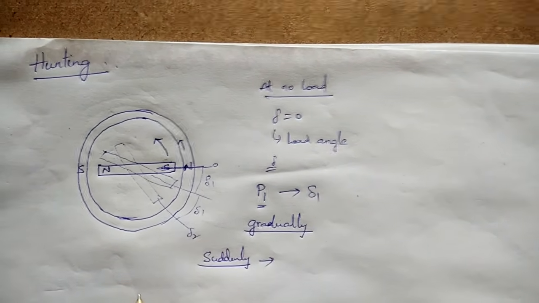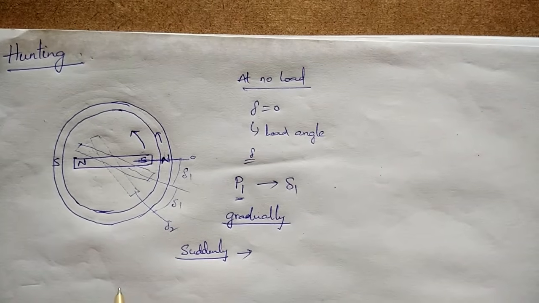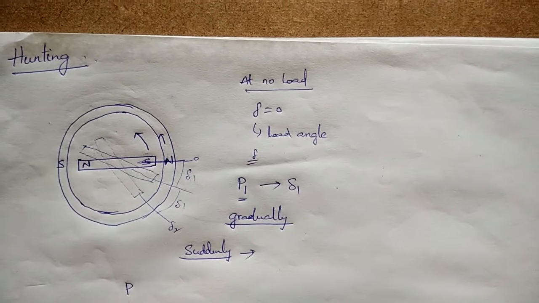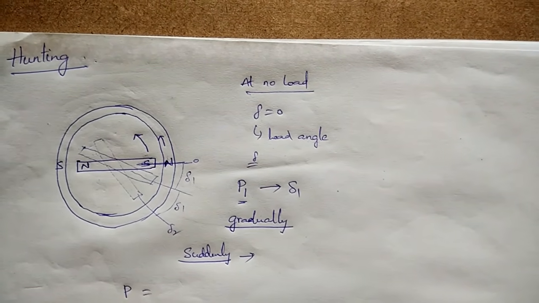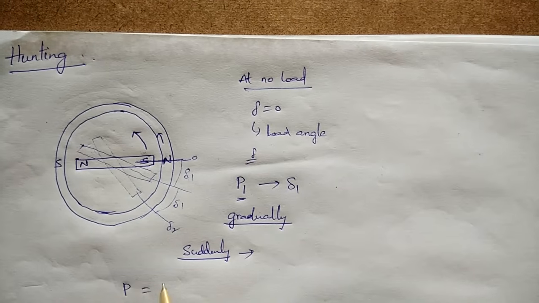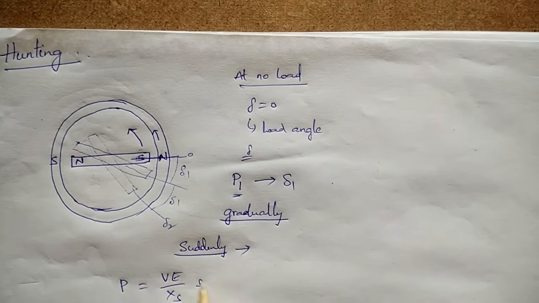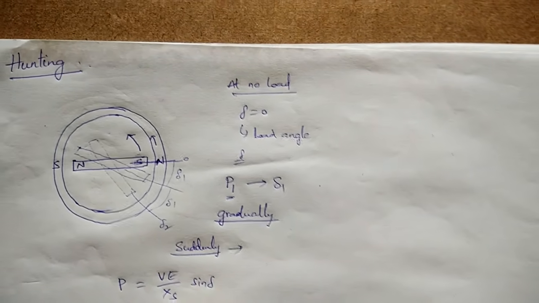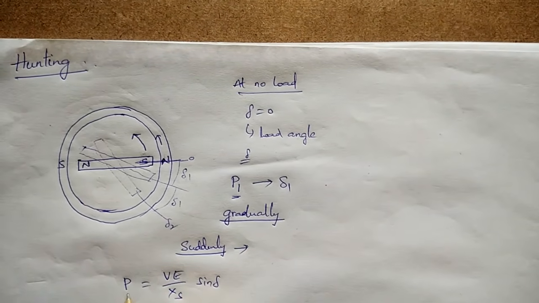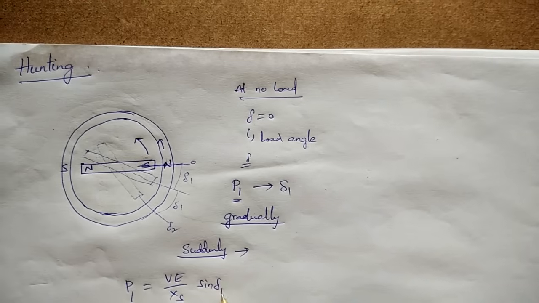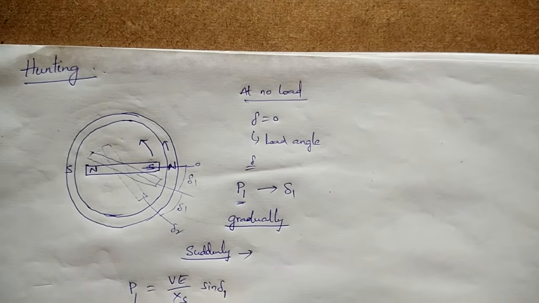Actually, at equilibrium condition there will be two cases. We know power developed is equal to power input to the machine, which is EV by Xs into sine delta. If you put a load P1, it will become delta 1 at equilibrium position, and this condition should be satisfied.